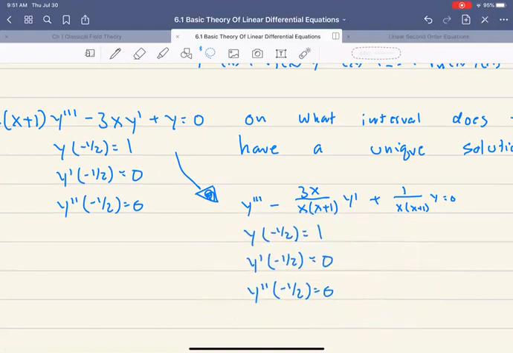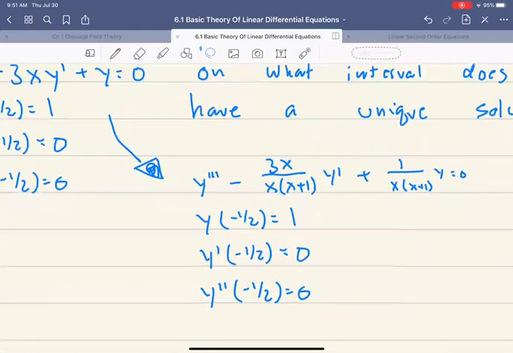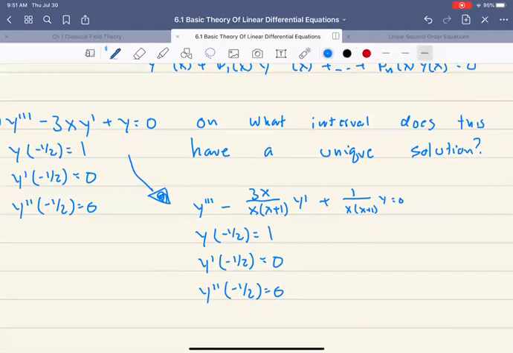So this is the same problem, but now we can see where it's not continuous. It has discontinuities at x equals 0 and x equals negative 1.